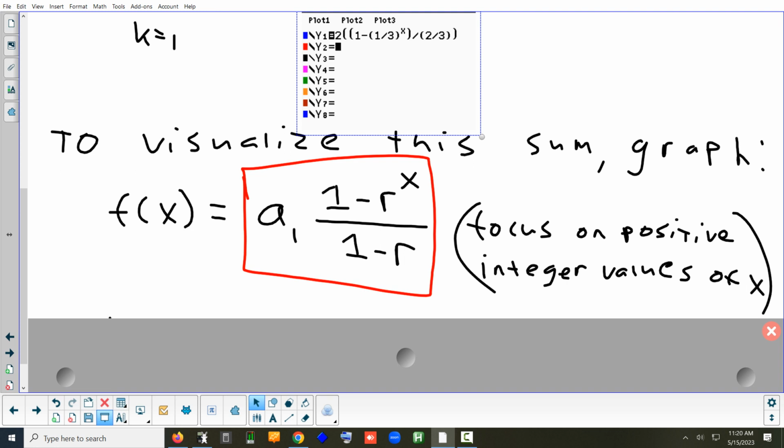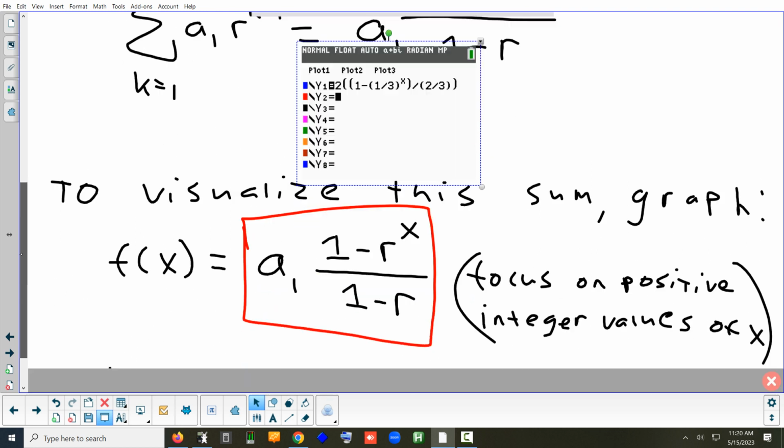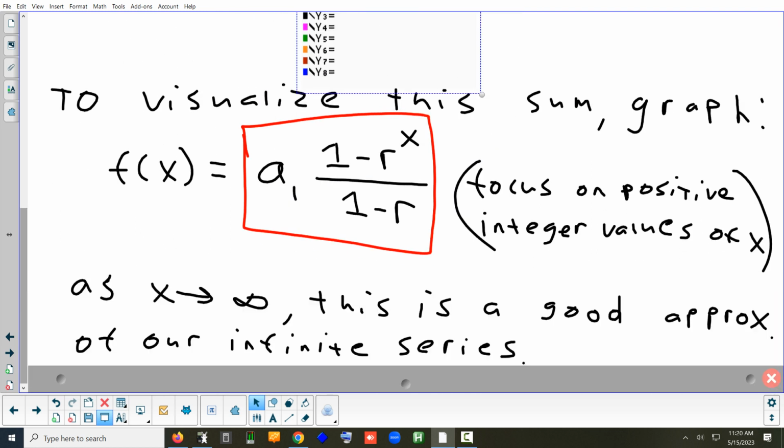Doesn't make sense to look at anything in between. There's nothing. So as you let this number get bigger and bigger, in our case, I'd say let it be 6. It's high enough. Even really 4 or 5, and you could tell. That's a good approximation of what's happening to your series.